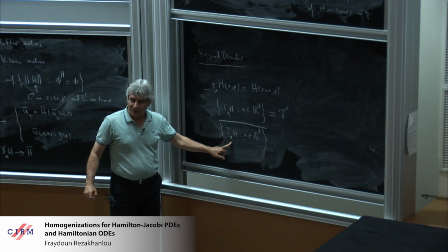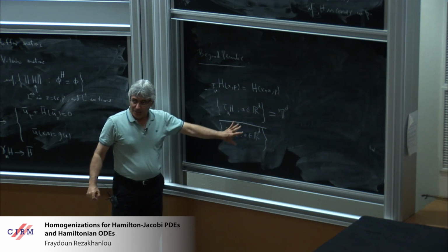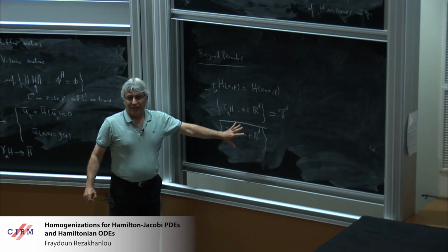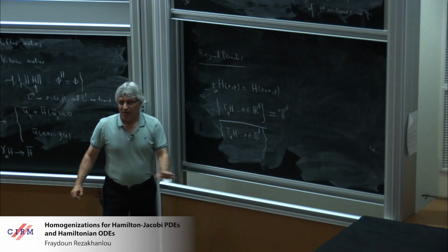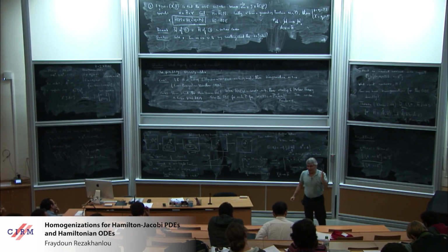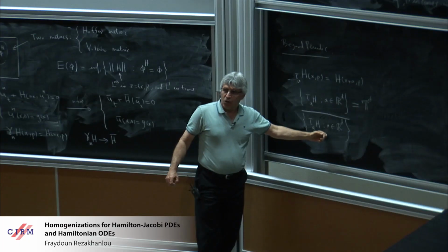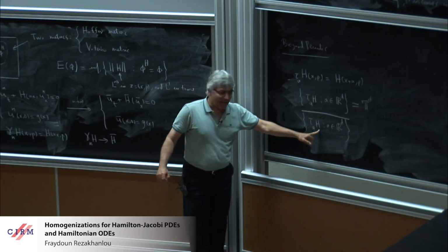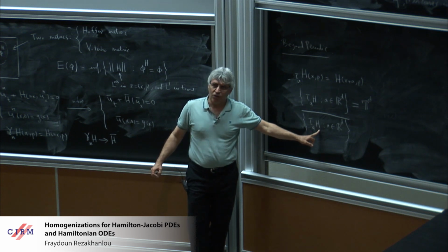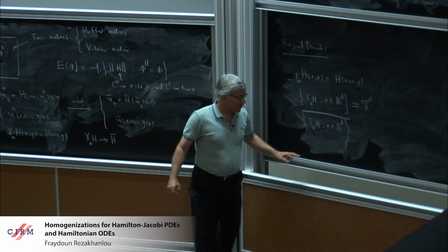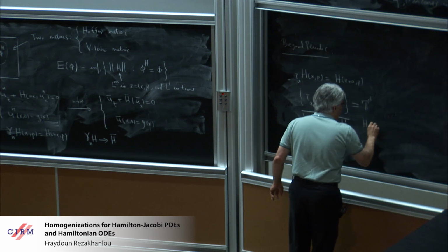This is the group R^d acting on the space of Hamiltonians. You can build a group on here, and then take the Haar measure, and instead of saying that I have homogenization for each H, I would say that I have homogenization for almost all choices of H with respect to the Haar measure. So the support of that measure would be exactly the various translates of H or the limit points. If that happens, we say the Hamiltonian H is almost periodic.